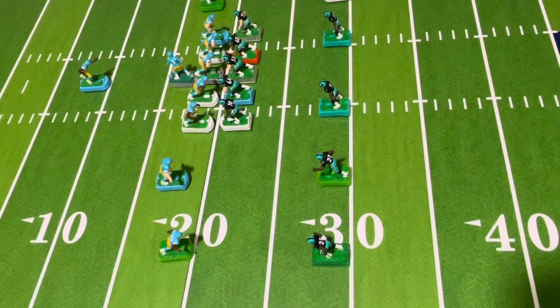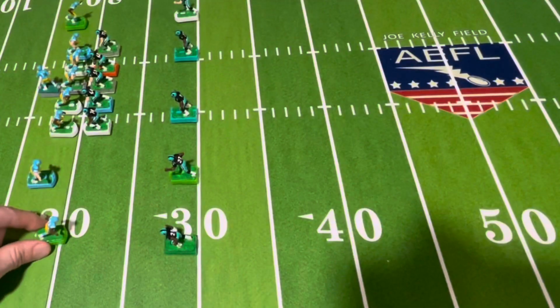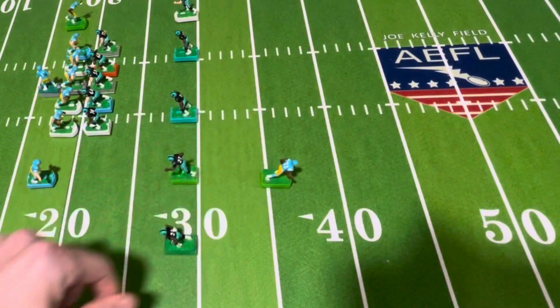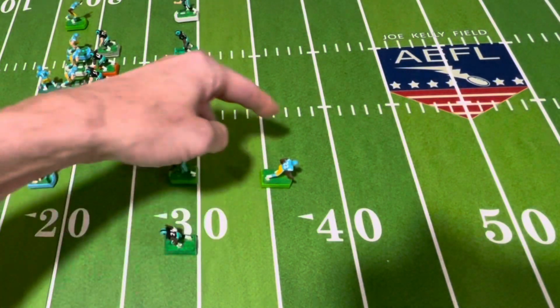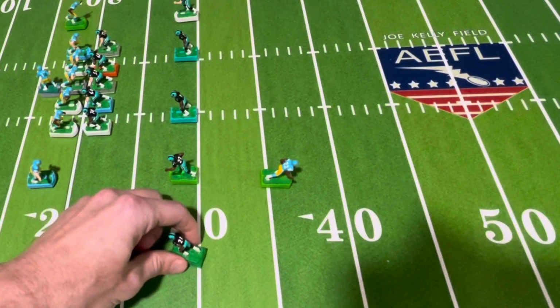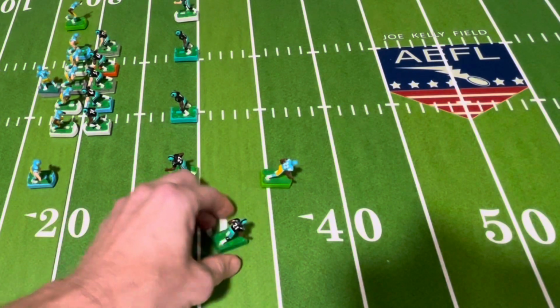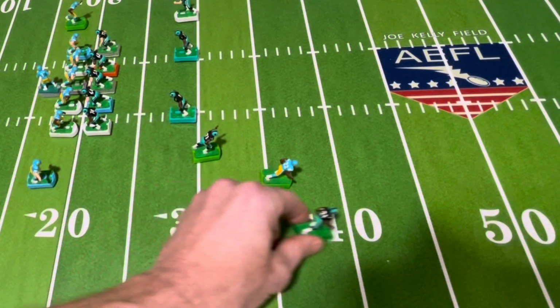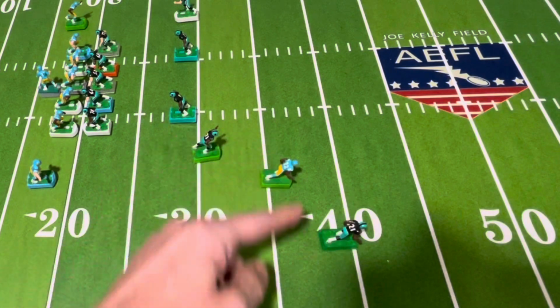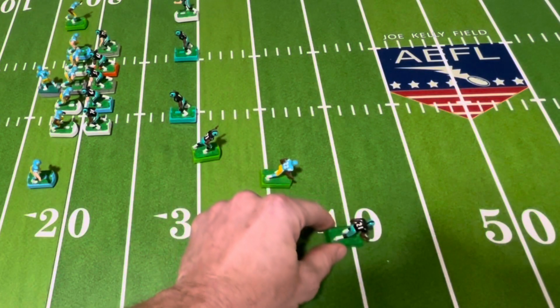A receiver in the AEFL is open one of 2 ways. The first way is if the receiver gets behind the defense. It's easy to see. There's no defender anywhere on the board who is in front of the forward plane of the receiver's base.